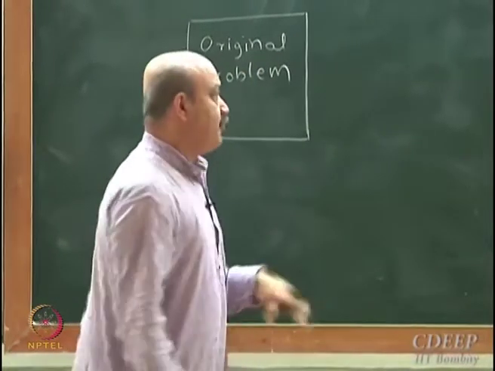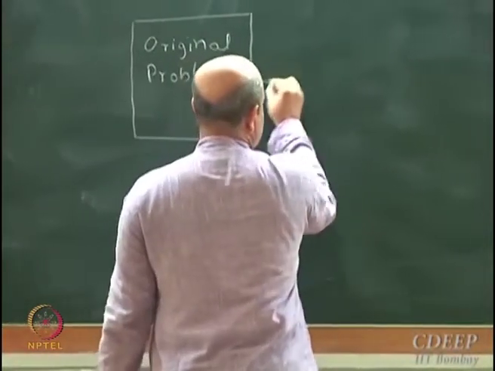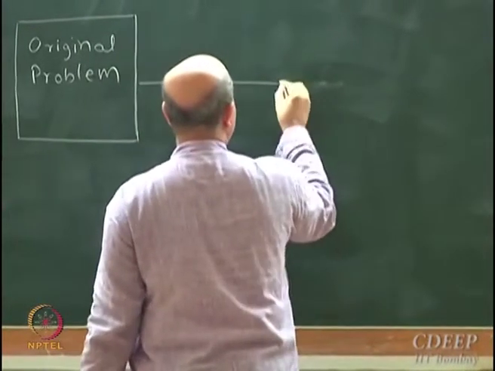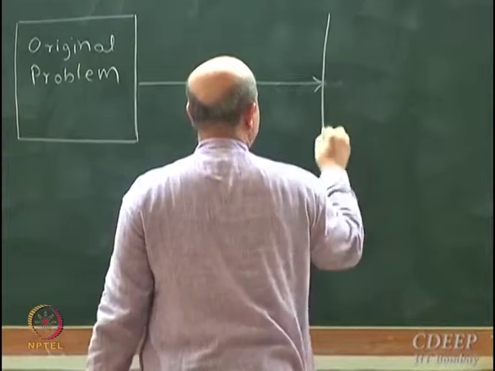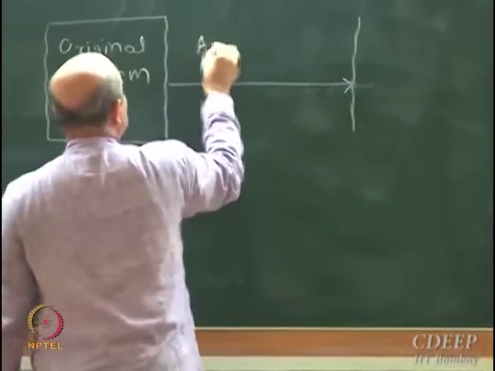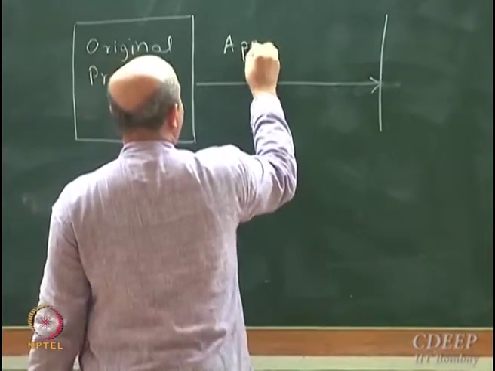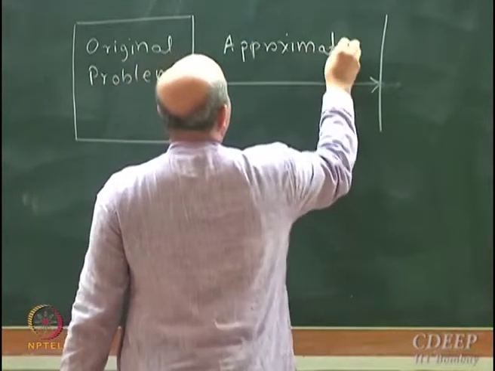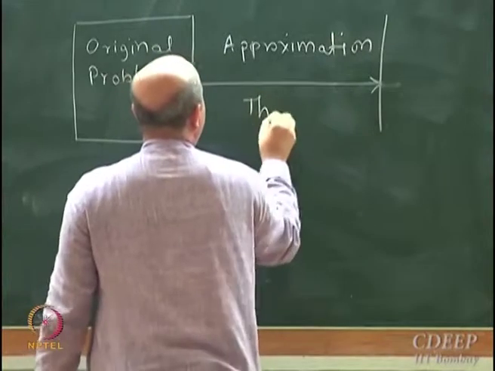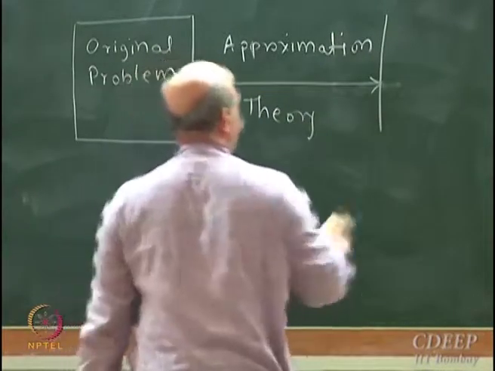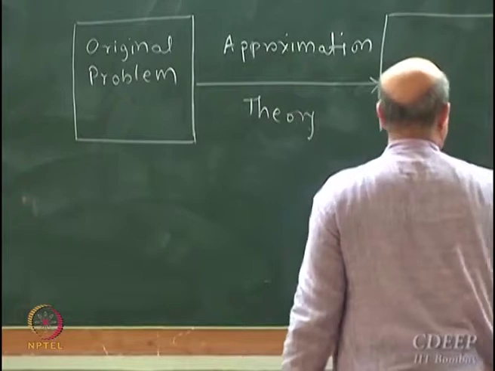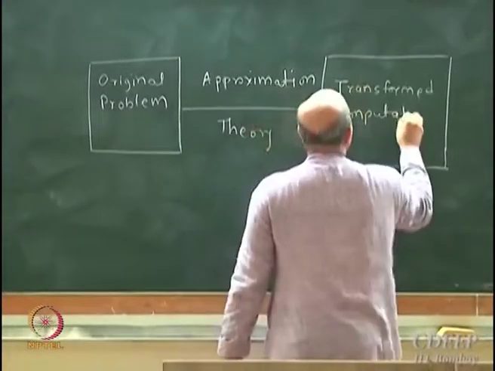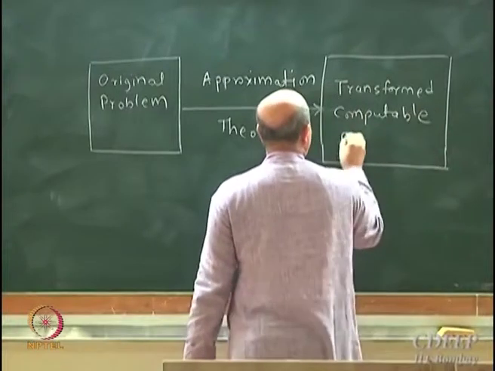Okay. So the next step was problem approximation. We used the concept of approximation theory, and we got this transformed problem. This is the transformed computable problem.